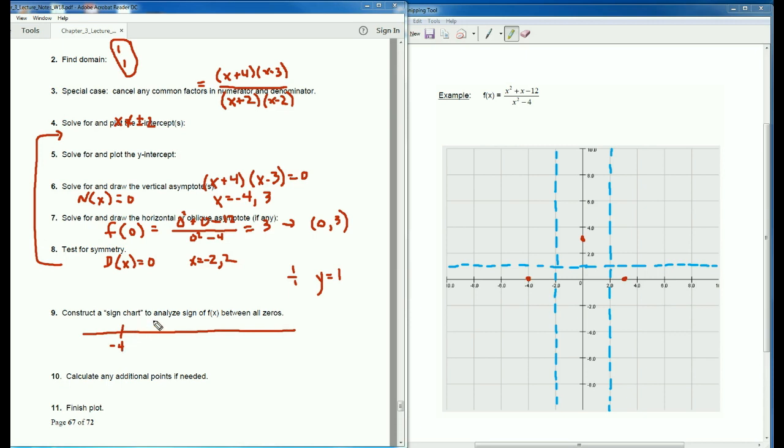Then we have an asymptote at -2. Then we have another asymptote at +2. Then we have another 0 at 3. So that basically splits the number line up into 1, 2, 3, 4, 5 different intervals.